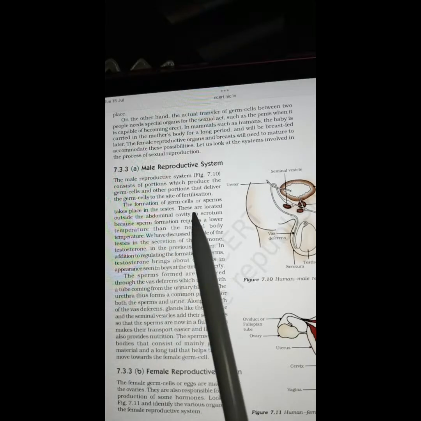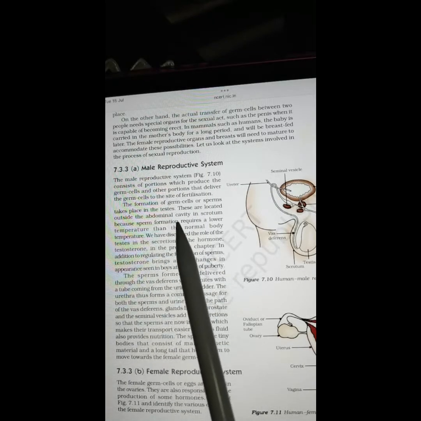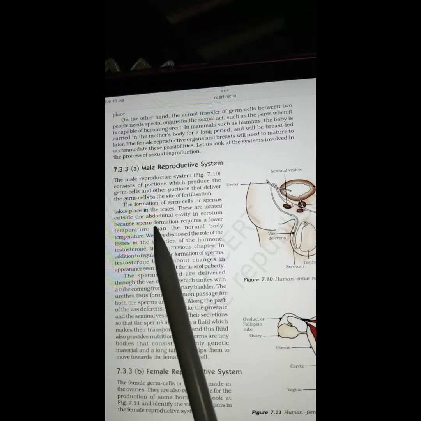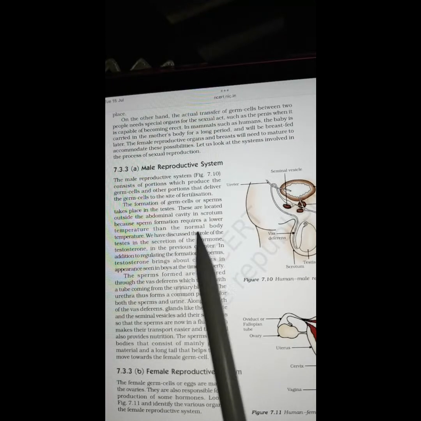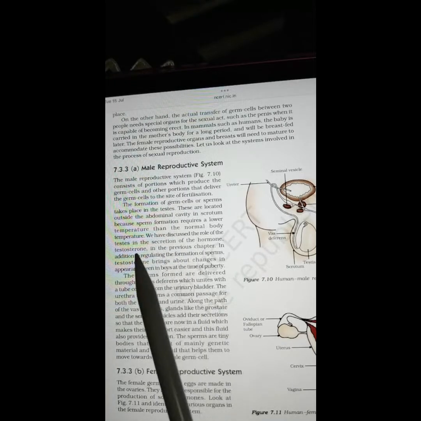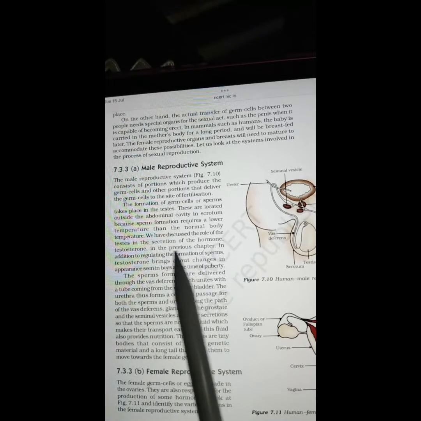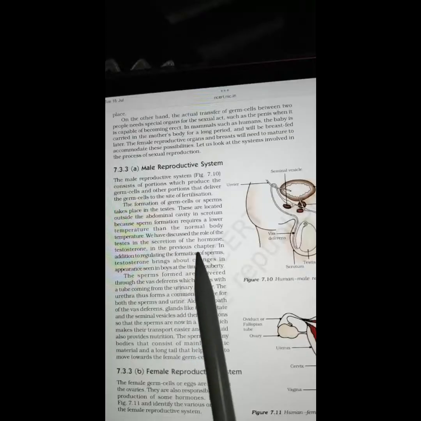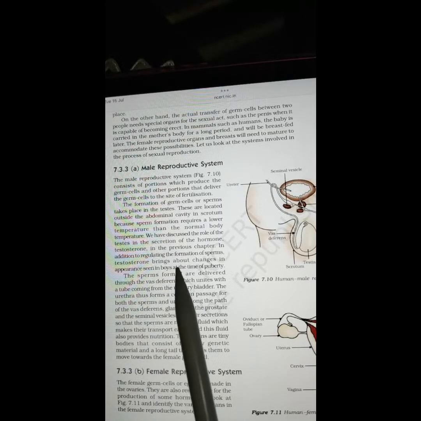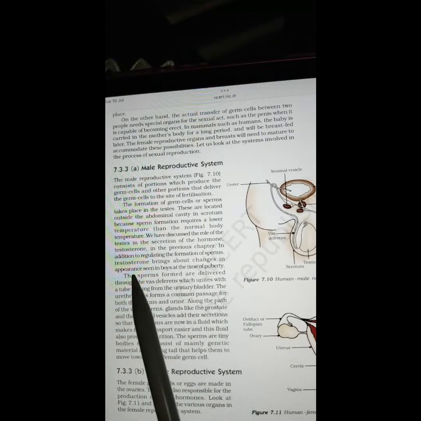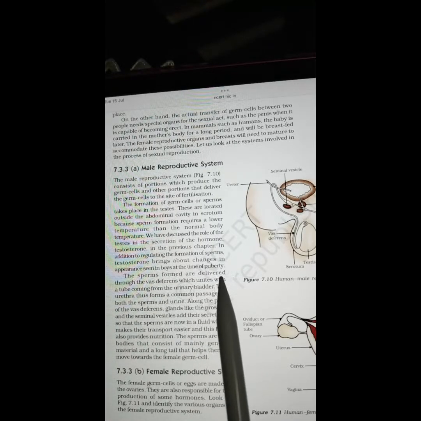The formation of germ cells or sperms takes place in the testes. These are located outside the abdominal cavity in scrotum because sperm formation requires a lower temperature than the normal body temperature. We have discussed the role of the testes in the secretion of the hormone testosterone in the previous chapter. In addition to regulating the formation of sperms, testosterone brings about changes in appearance seen in boys at the time of puberty.